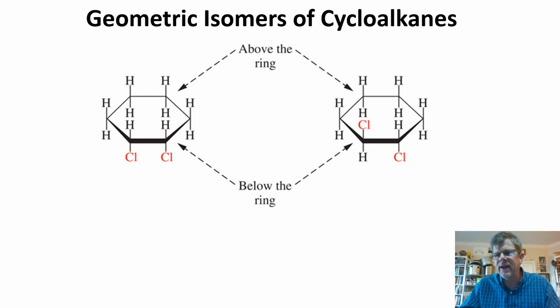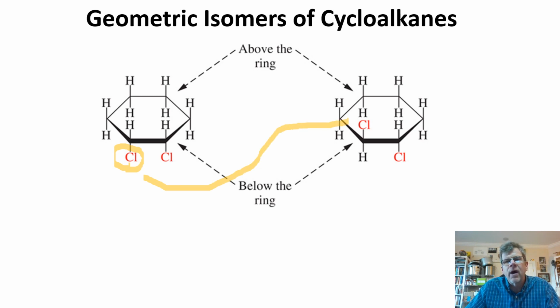We cannot take a substituent from the lower part, below a ring, for instance, and twiddle it such that that substituent could end up on the above side of the ring. We cannot do it. It is simply impossible because we've closed that single bonded alkane system into a cycle.